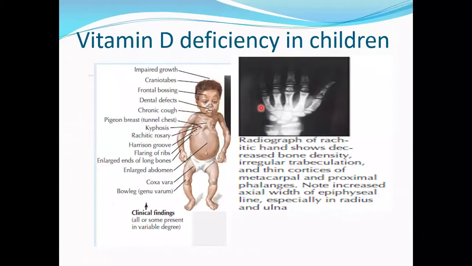Okay, so when you take a radiological picture of the rachitic hand, meaning in a child with rickets or vitamin D deficiency, if you take an X-ray of the hand, you can see that there is decreased bone density in the metacarpal and also in the phalangeal areas or the proximal phalanges.